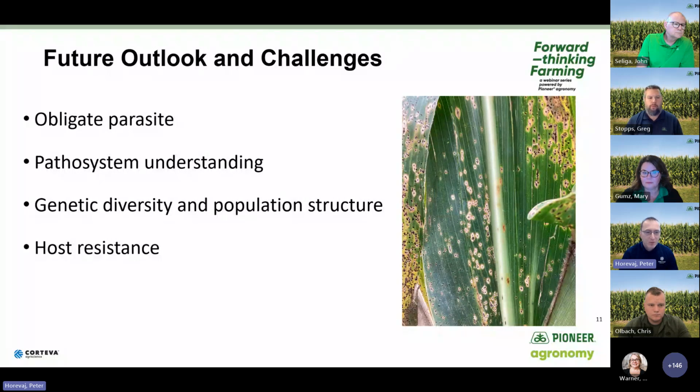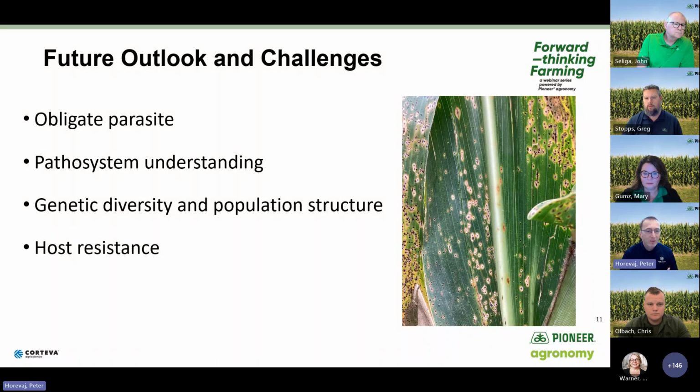It can just grow and spread on the host, on the corn in this case. So that does complicate the research because you cannot have inoculations done the traditional way, making inoculum in the laboratory. You can just spread it on the corn.